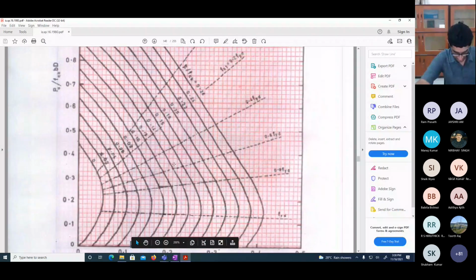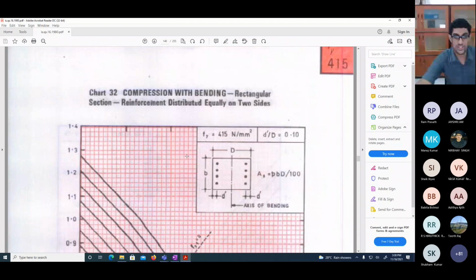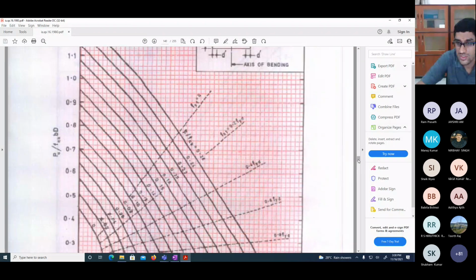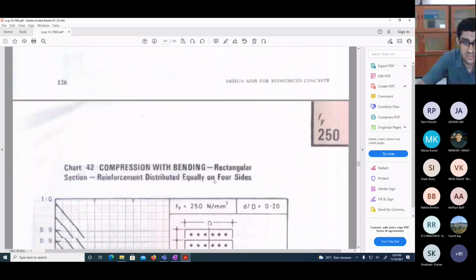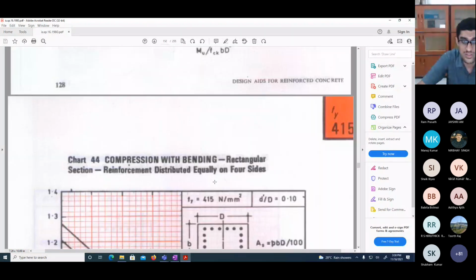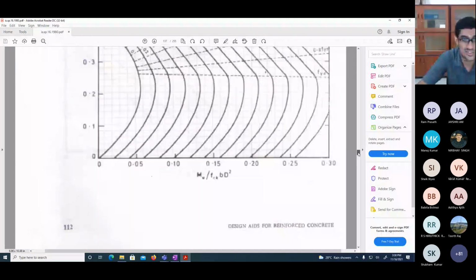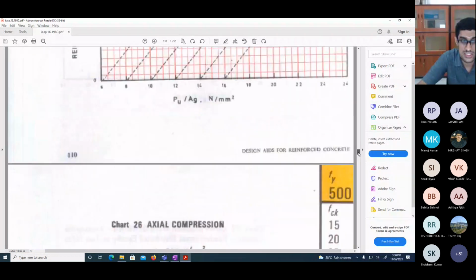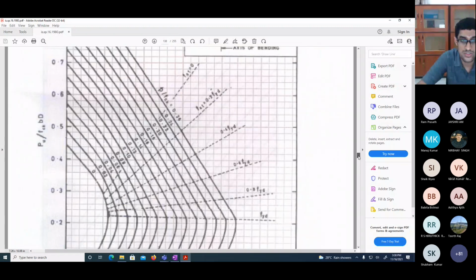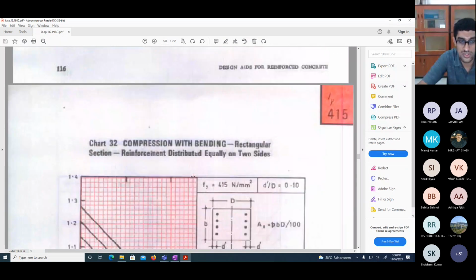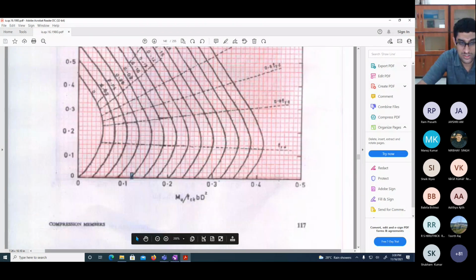Chart 32. Oh, this is 46 actually. So chart 32 we have 0.08.